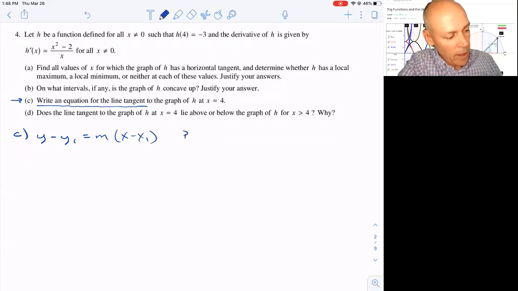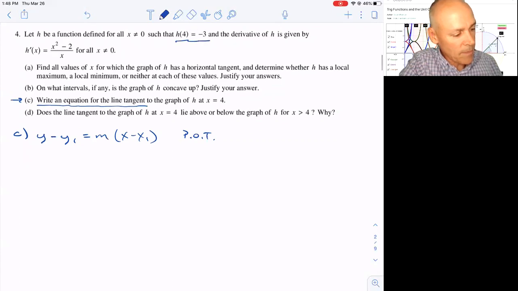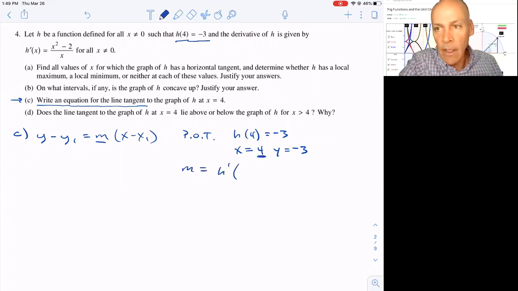Then I'm looking for my point of tangency, which is given as h at 4 equals -3. That's telling me that when x is 4, y is -3. And then my slope is going to be equivalent to h prime at the x coordinate that I'm interested in, which is going to be h prime at 4.